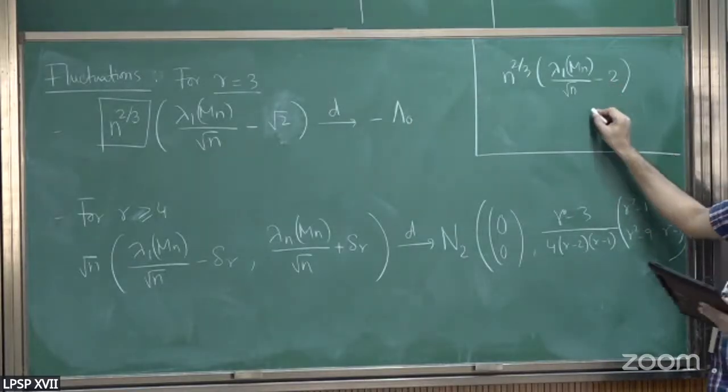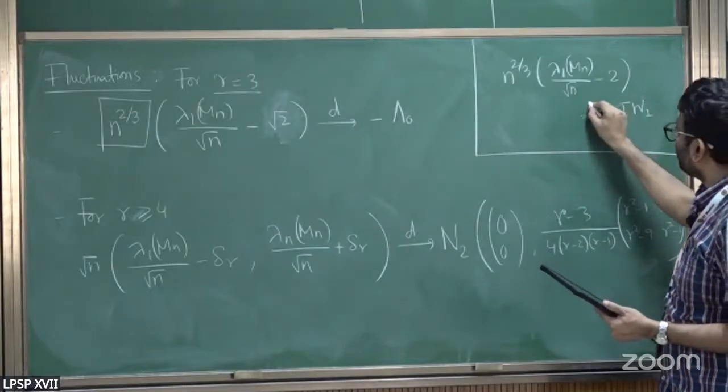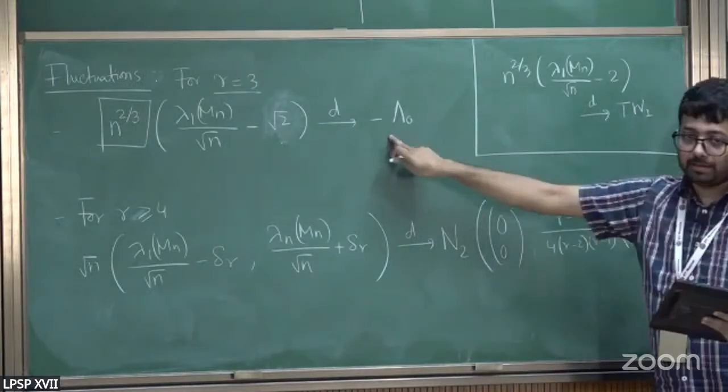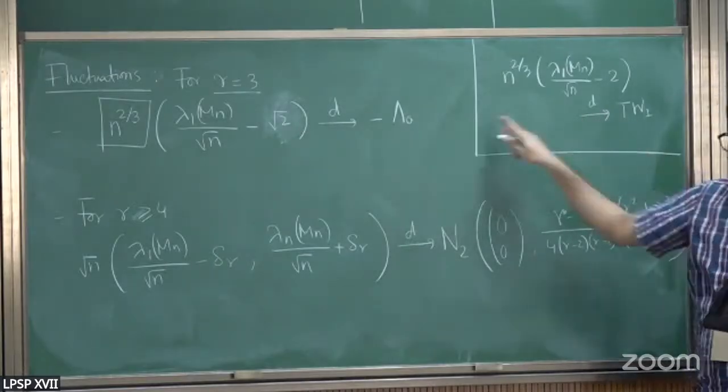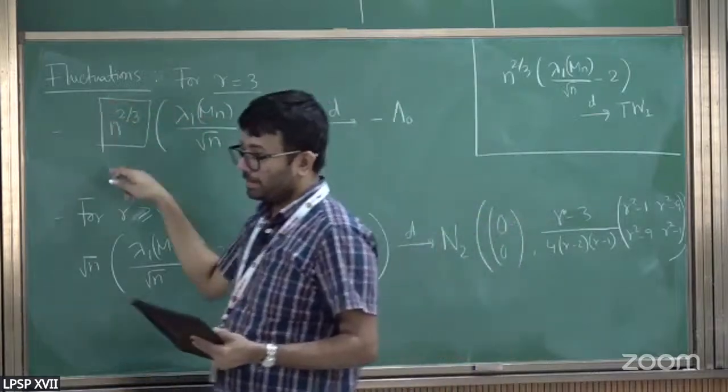In this case, this converges to the Tracy-Widom distribution. Okay. So these limits are different. This lambda 0 is not the Tracy-Widom distribution, although you have n to the 2/3 type fluctuations.